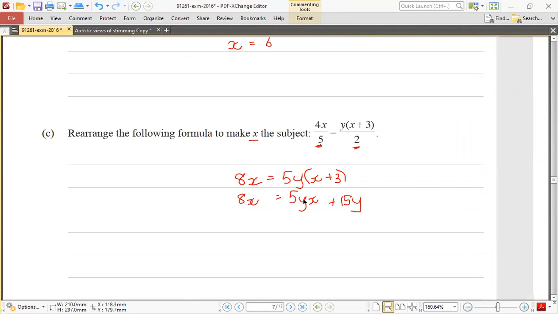But we've got an x packaged with a y. Any idea how we can unpackage it? Divide by y. Nearly, but if you divide by y, then you're going to have a y over here. So I'll put you out of misery. You need to factorize. So to factorize, you're going to have to bring it over this side.